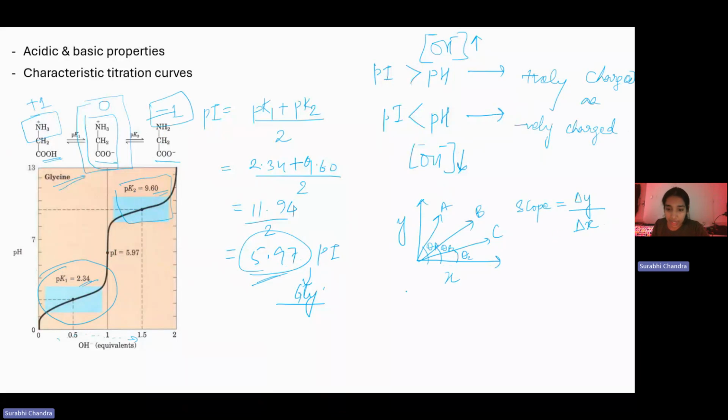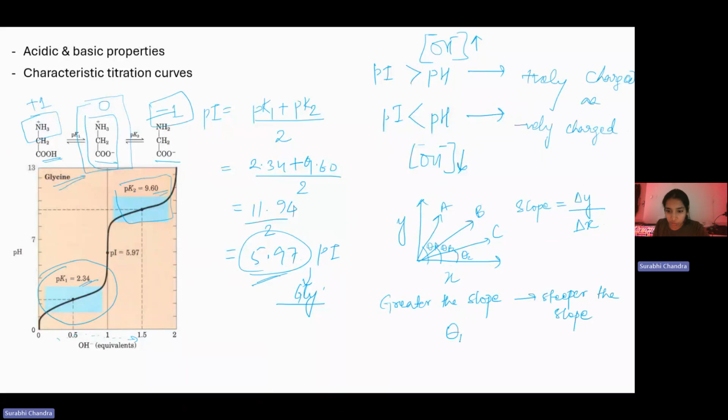The greater the slope, or the steeper the slope, the greater will be the theta value.